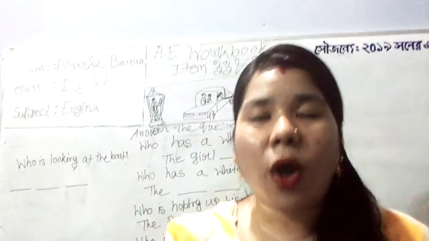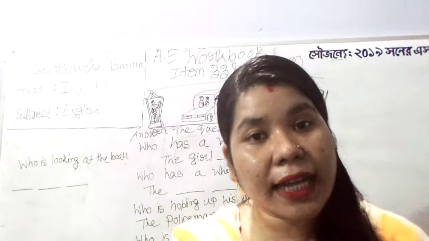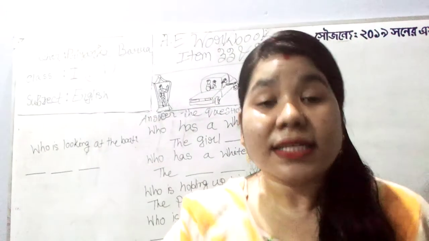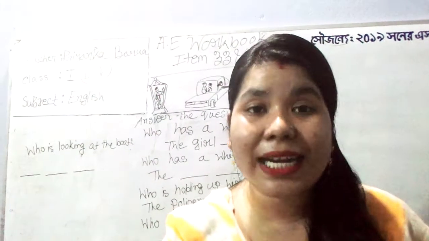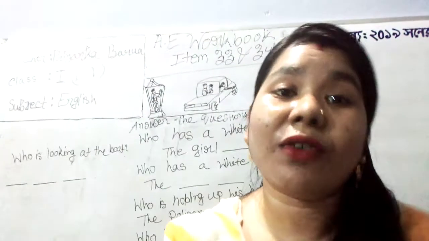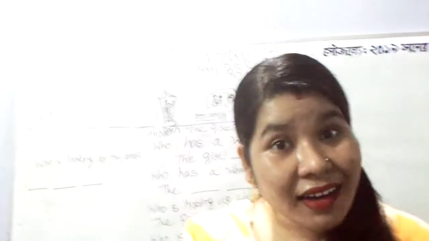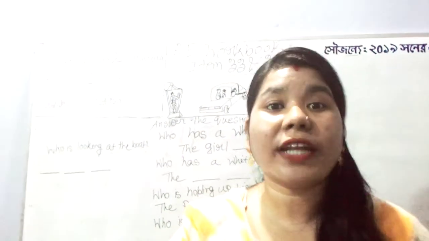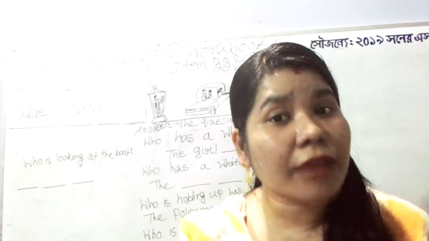The auxiliary verb that is given in the question would be the same in the answer also. Suppose in your question the auxiliary verb is "is", then in your answer you should put "is". If you get "are", then you answer with the auxiliary verb "are". If you get "have", then you put "have" in the answer.